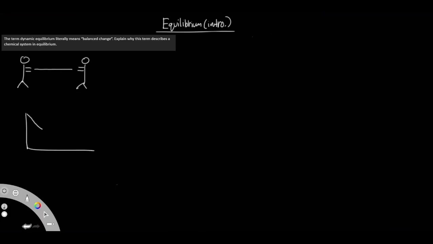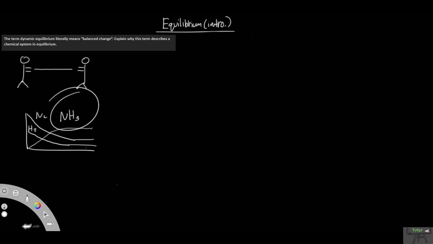We had these N2s and H2s combining, and then these NH3s being formed. This also has a tug of war dynamic feel to it. These N2s and H2s are trying to combine to create this NH3, so this is going to be decreasing. As you can see, it is going downwards, decreasing in order to create this product.